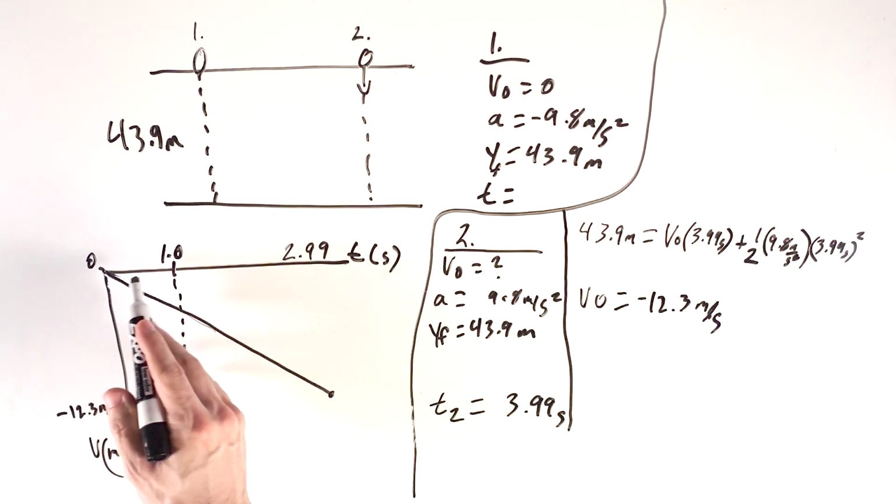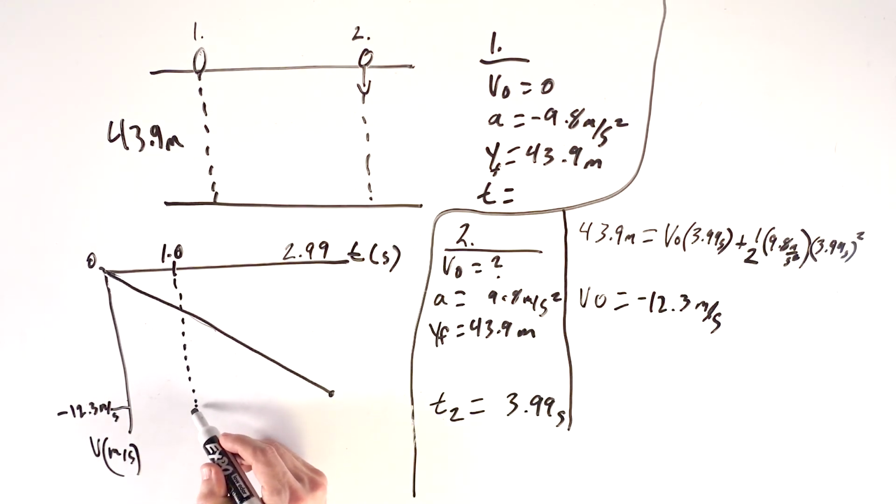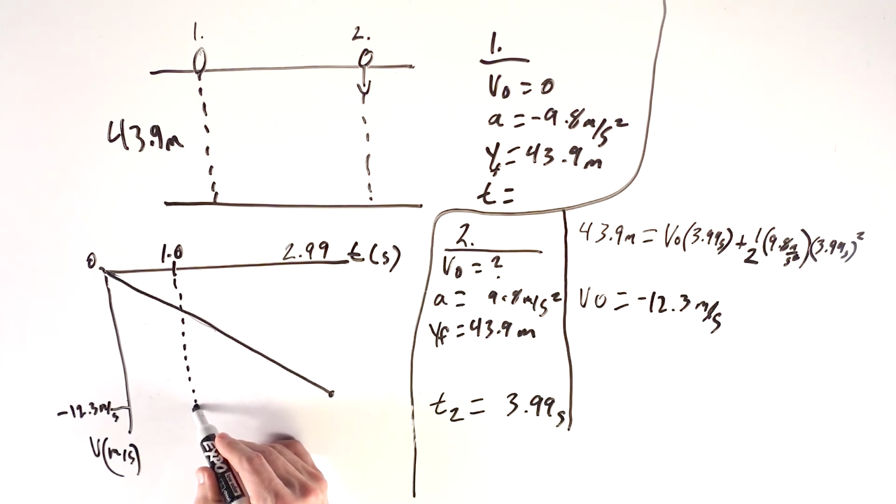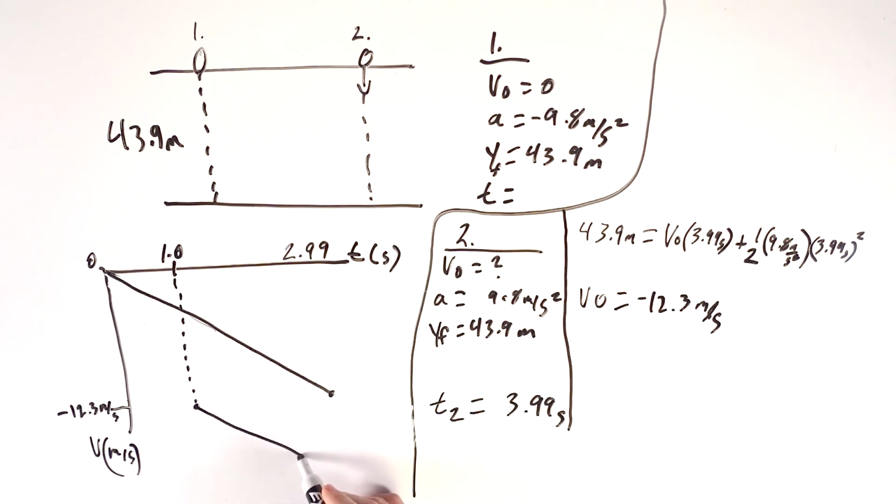It's delayed by 1 second, so we have this delay. So it starts right here. And we know the initial velocity is this 12.3 meters per second. And then it continues along the same path and stops at the same time. So we didn't actually solve for the final velocity of this, so we don't know what it is, but this is the graph that would go for it. So hopefully that makes sense.